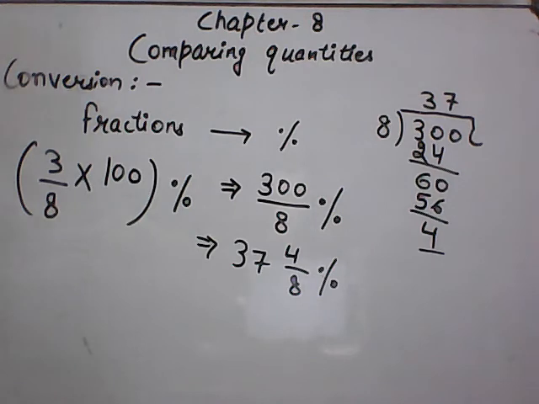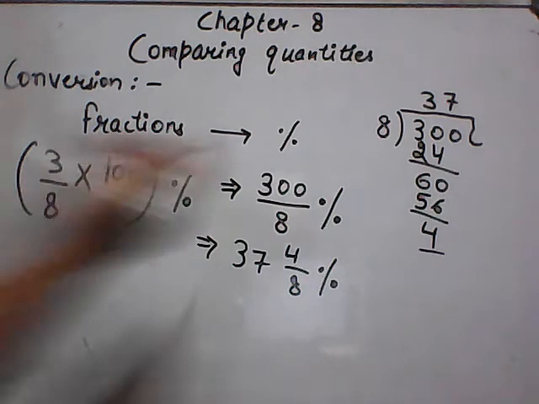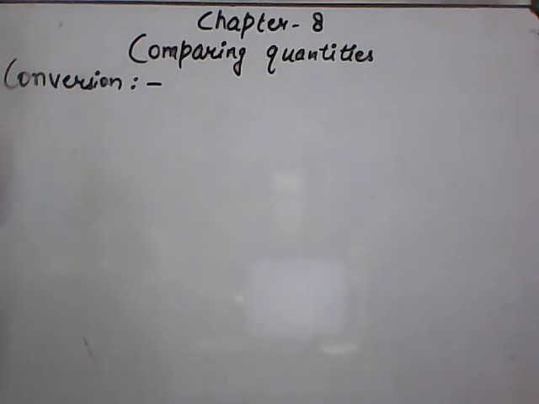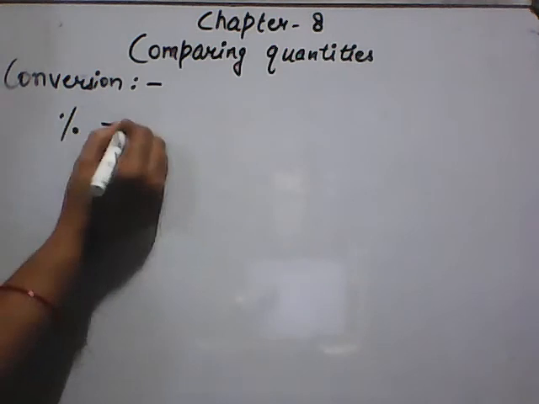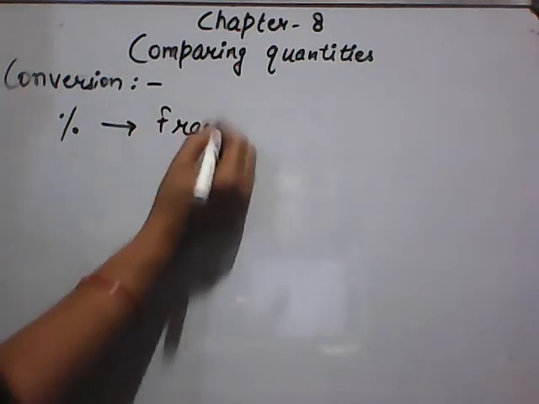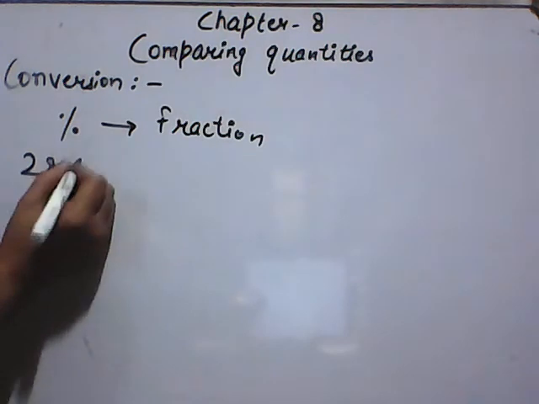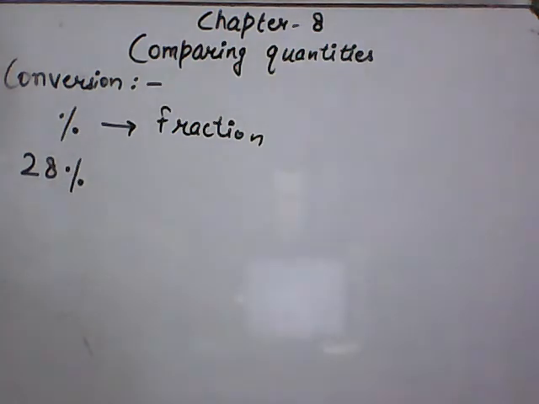Next one is, suppose you have to convert from percentage to fraction. Suppose 28% is given to you and you have to write the corresponding fraction. How can we convert percentage to fraction?